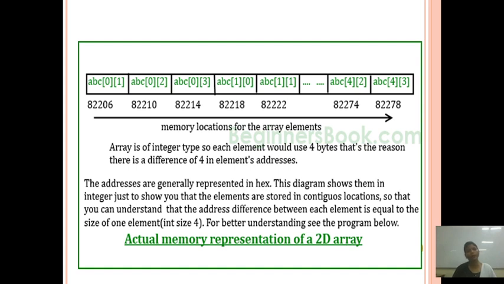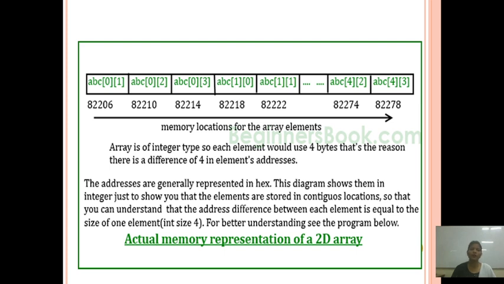and the memory address will be 82210. Why so? Because one element consumes 4 bytes. So 82206, 82207, 82208, 82209 will be the memory locations consumed by the ABC 01 element.